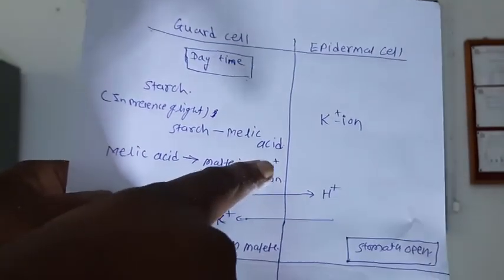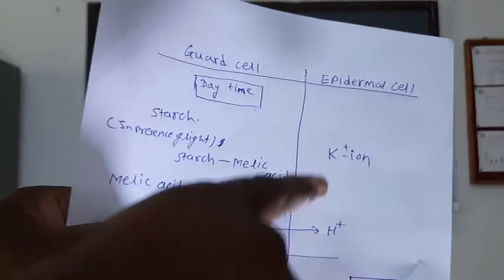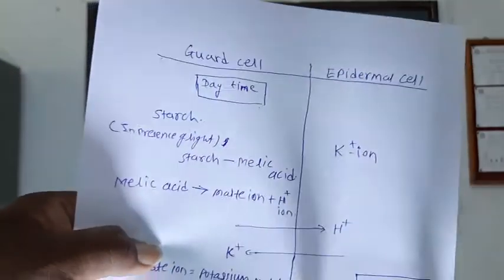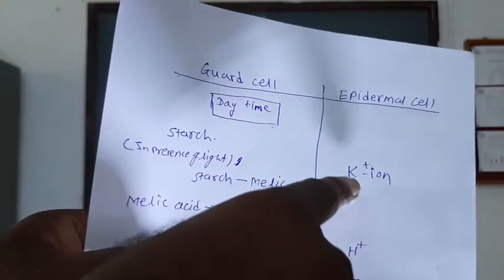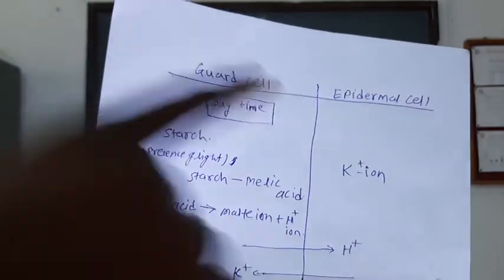It means that hydrogen ion is formed. At the same time, potassium ion is present in the epidermal cell. See, this is the guard cell, this is the epidermal cell.